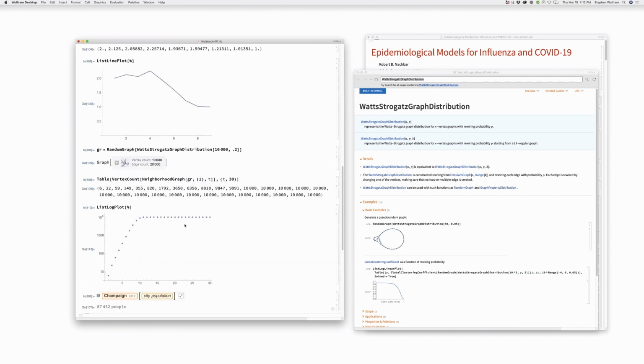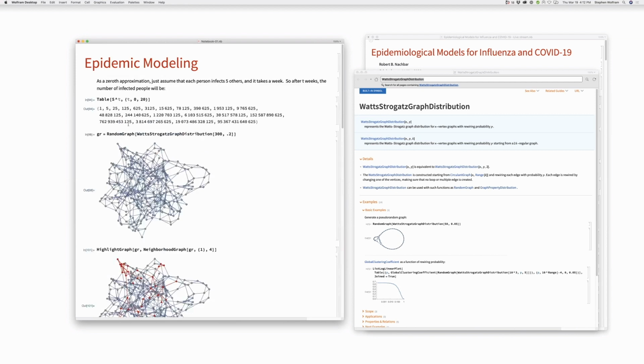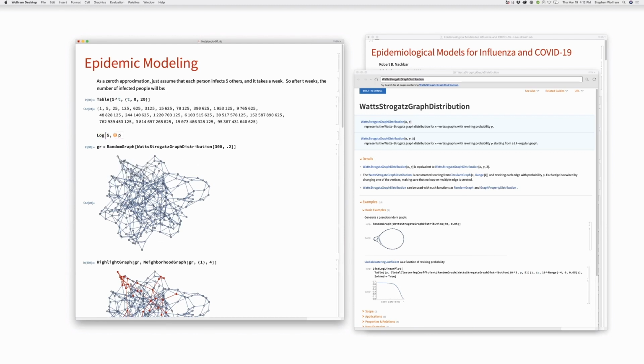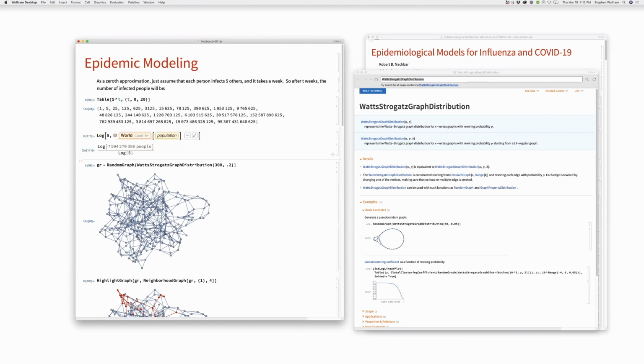But first of all, let's just get some basic information here. So on this exponential basis, this would predict that it would take how many weeks? I don't know. What's log to the base 5 of that? Oh boy, I need to turn that into a number.